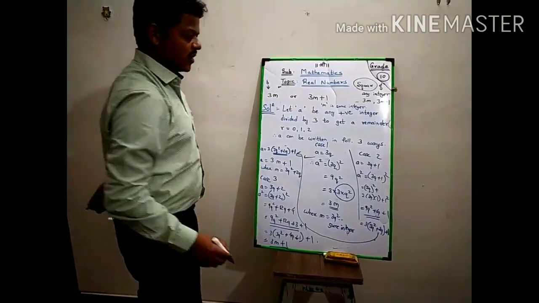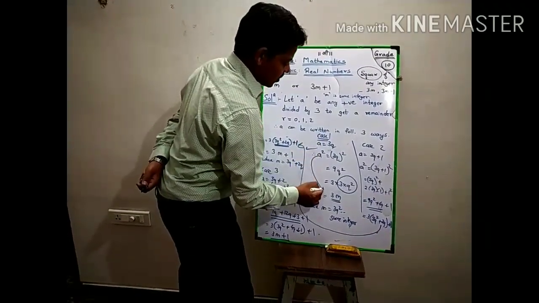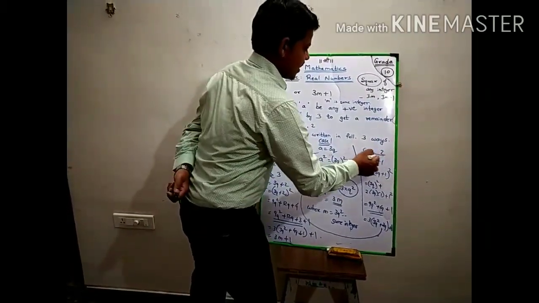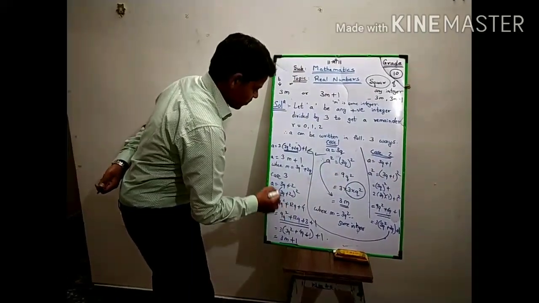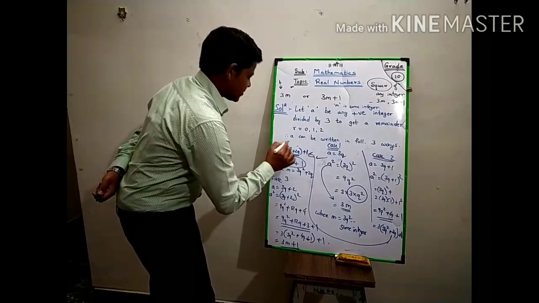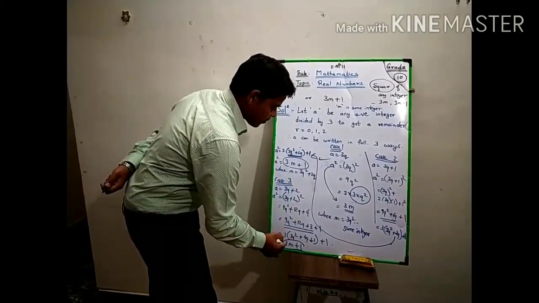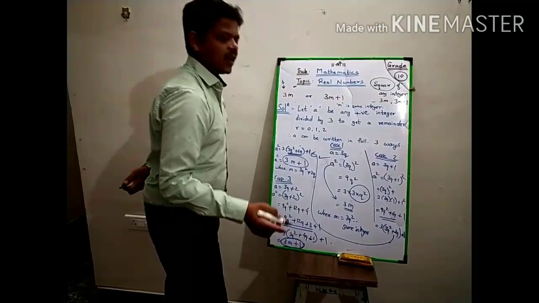Hence proved. In case 1, the square was 3m. In case 2, the square was 3m plus 1. And in case 3, again the square was 3m plus 1.